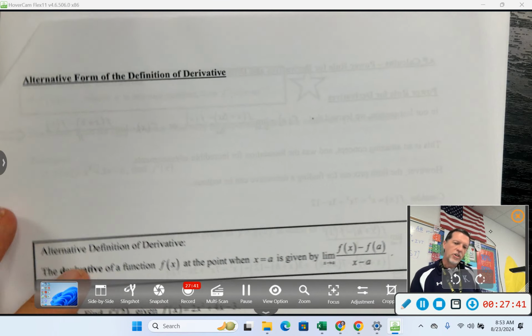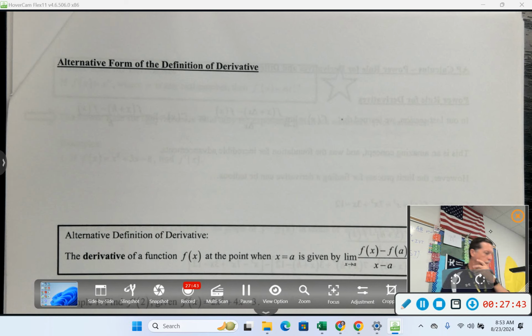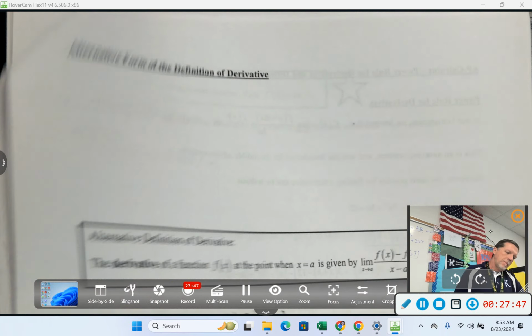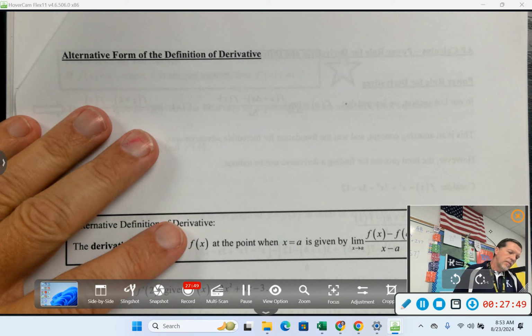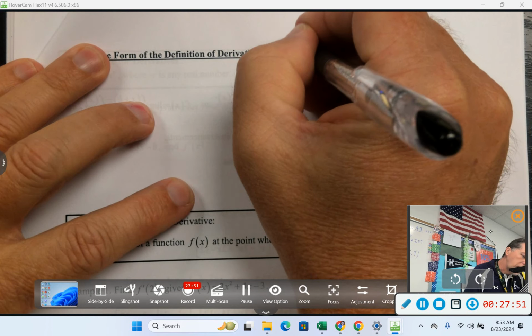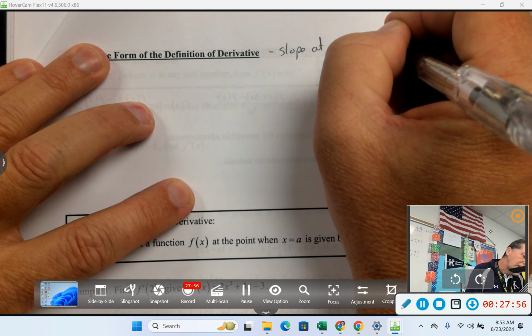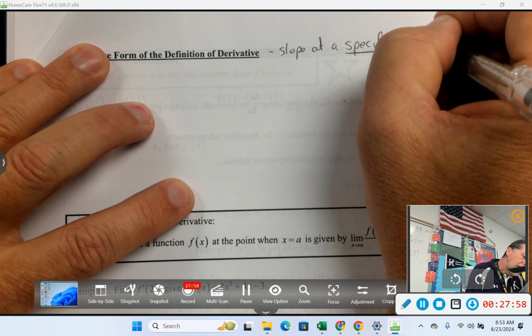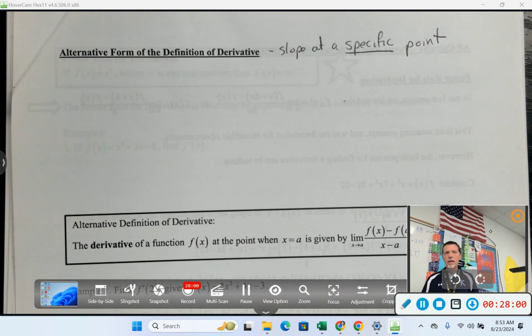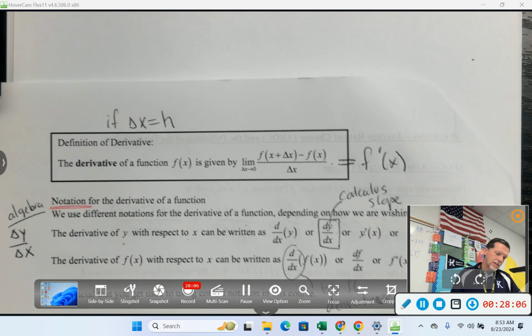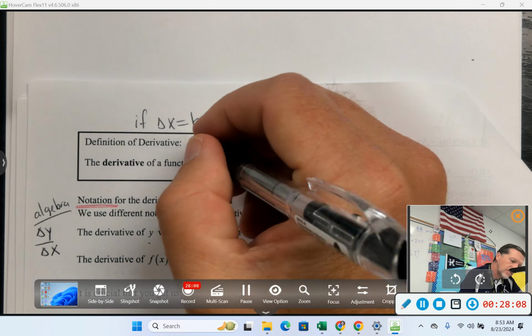All right, alternative form of a definition. This tells you the slope at a specific point, as opposed to the slope at any point. Like back here on the definition of a derivative.